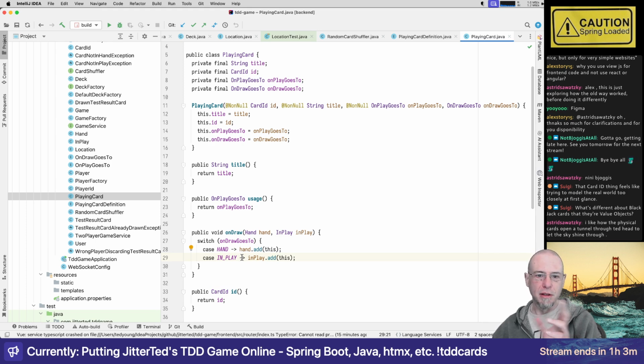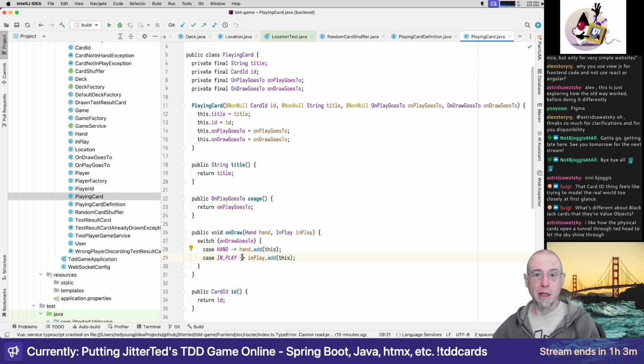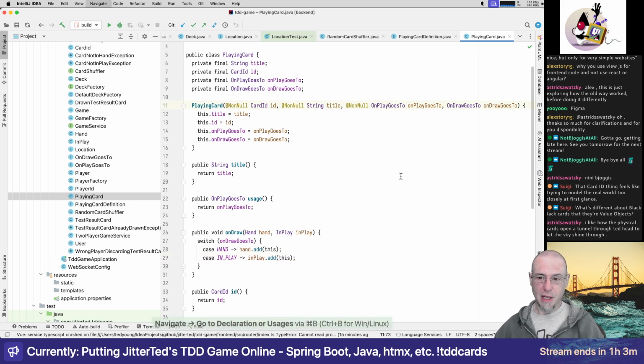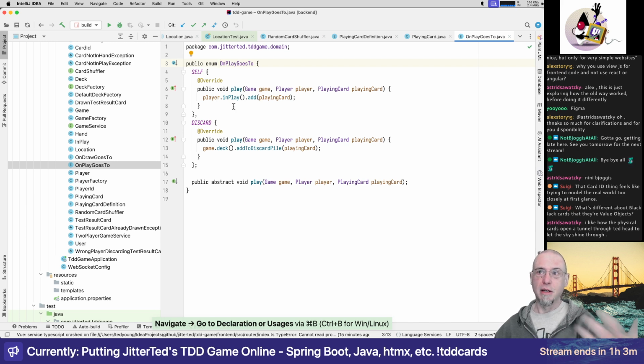So that's why there's this: what happens to them when you draw them, where do they go, and then what happens when you play them. When you play them, sometimes they go to different places. Sometimes they go to self, and sometimes by playing them, you're discarding them.